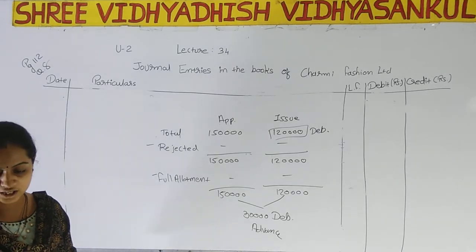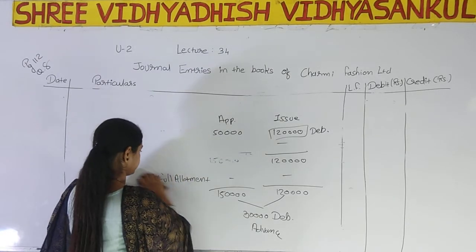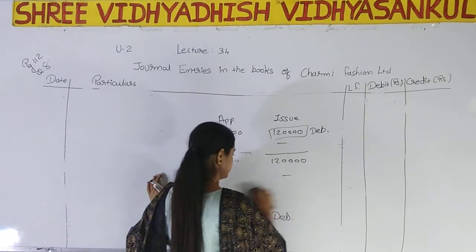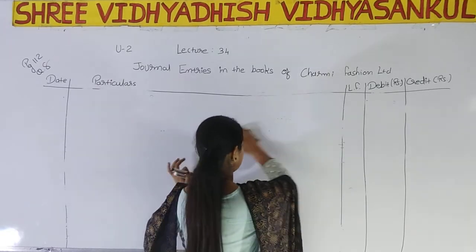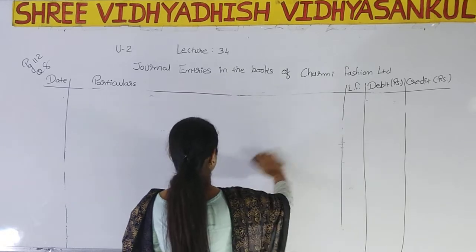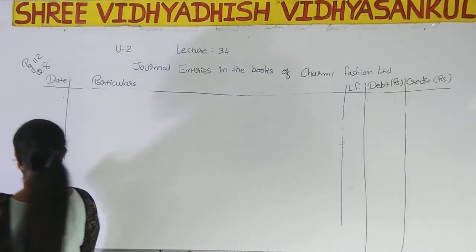Okay? So right now I am going to write the first journal entry. First journal entry will be for receipts. See, with application we have demanded premium, so we have to credit premium account in transferring entry. That means in second entry.